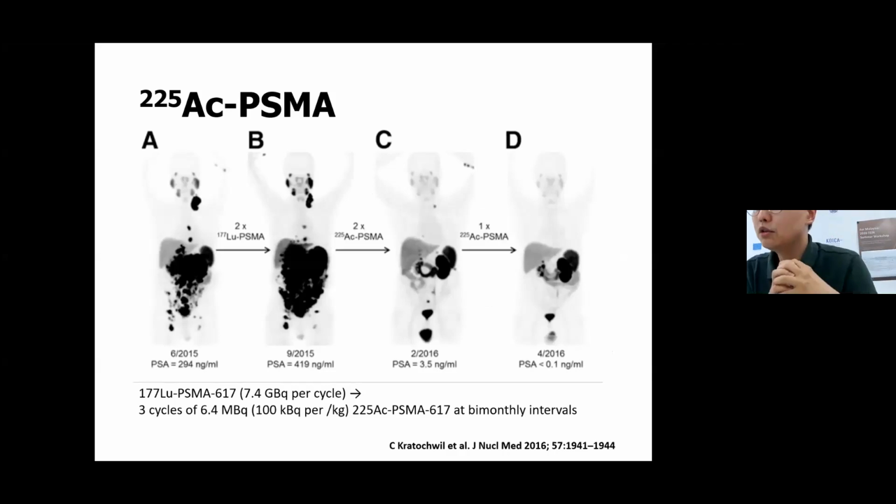And as you may have seen, in this case the patient had a significant effect from this alpha therapy. With the lutetium therapy, this patient had no PSA response. However, after the actinium therapy, the disease has significantly reduced.